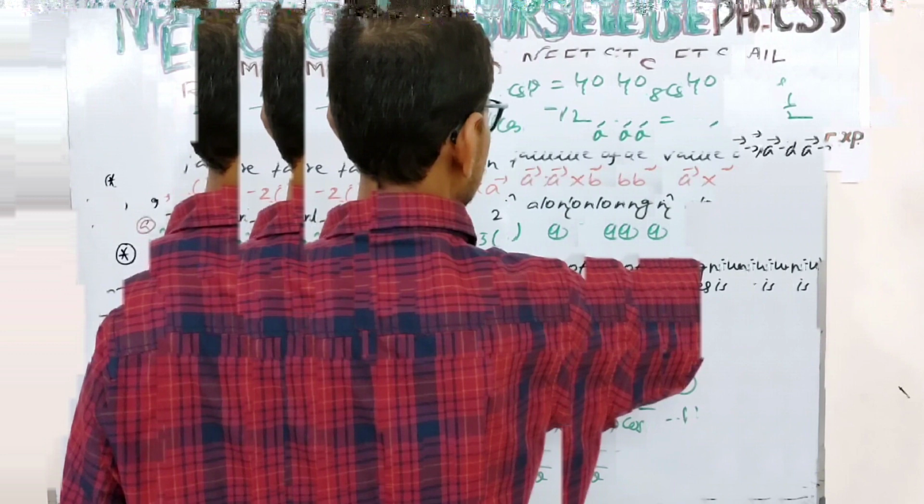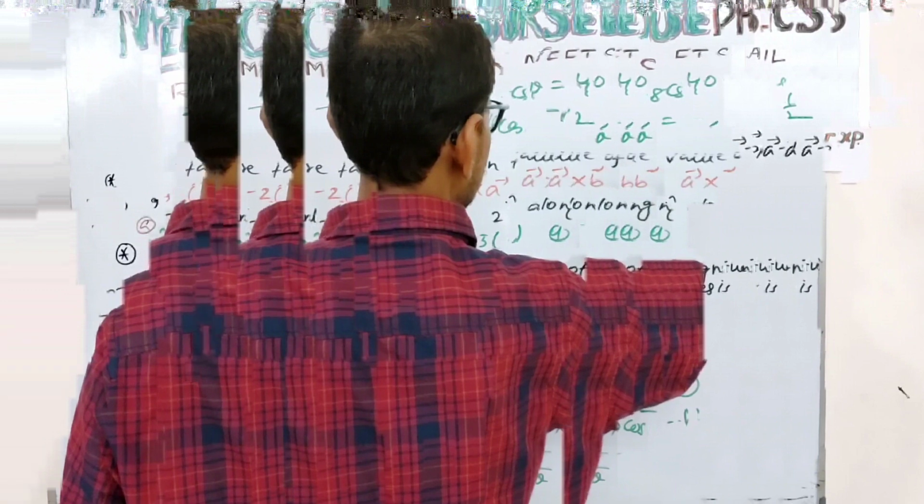Next problem: if A and B are two vectors, then the value of (A plus B) cross (A minus B), where cross is the cross product. So the solution becomes this.